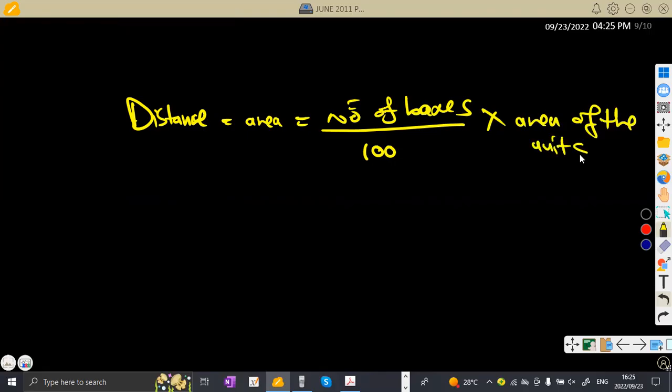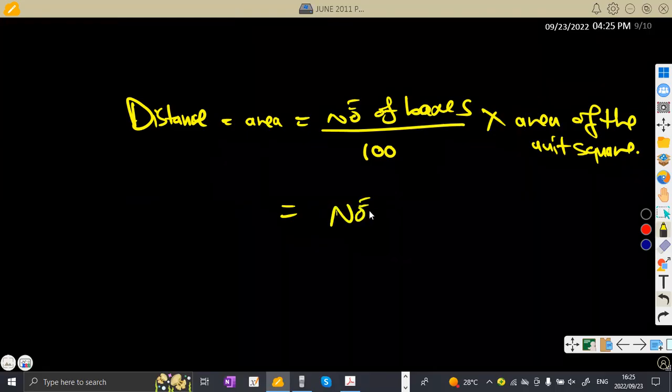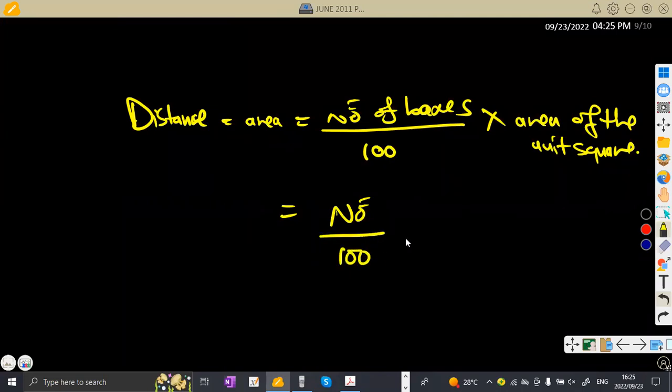Remember guys, I told you about the unit square before. So the number of boxes, I don't know what you're going to have, you have to calculate, guys. So you're going to have your number of boxes over 100 times the area of the unit square.